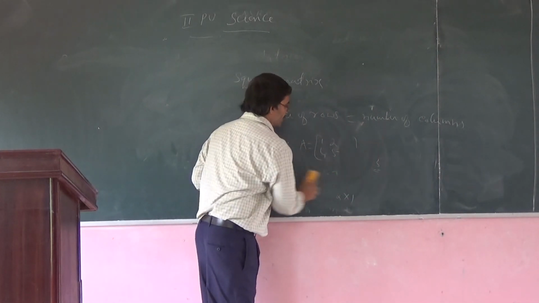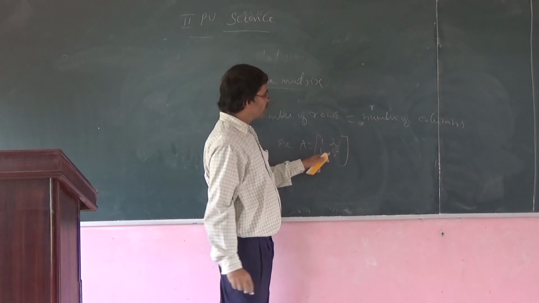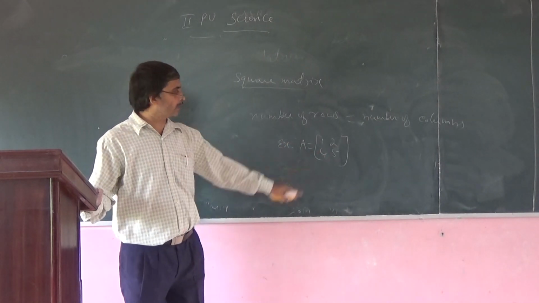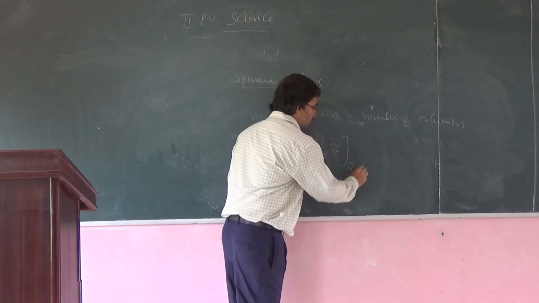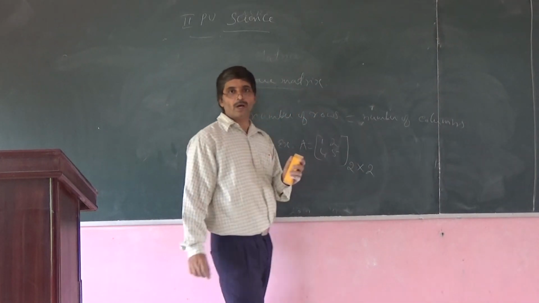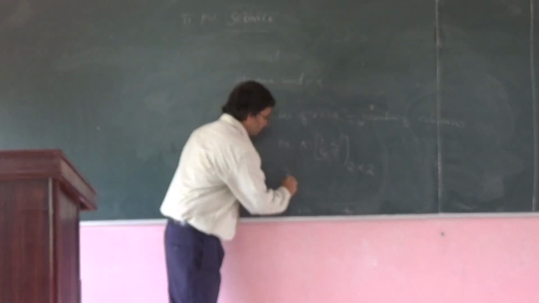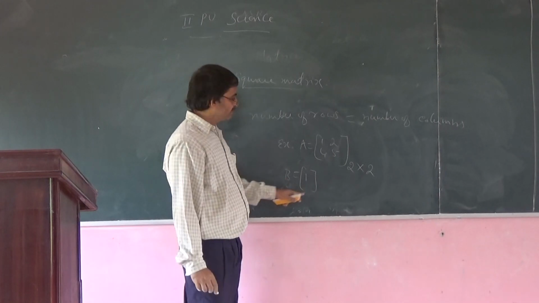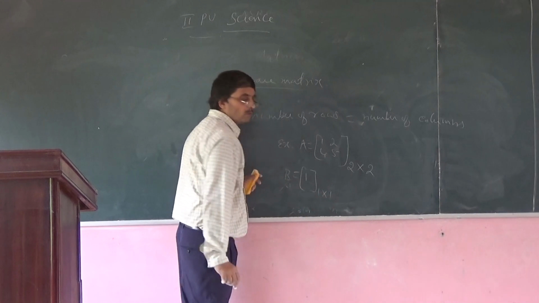So I will change the example. Let A equal to 1, 2, 4, 5. Is it a square matrix? Yes. How can you say it is a square matrix? There are 2 rows, 2 columns. So it is a square matrix. Even if I write only one element like this, it is also a square matrix. It is of order 1 by 1, only one row, one column.